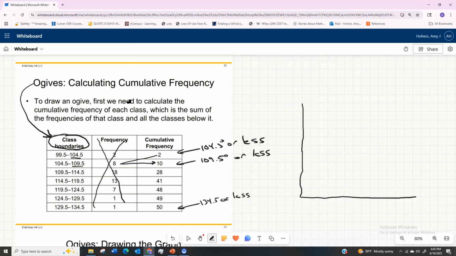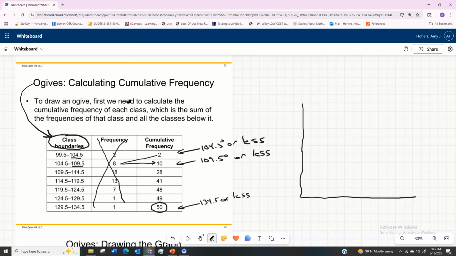But our y-axis is going to be different than it was for those other two graphs, even though this is the same data. Because when we do cumulative frequency, remember, we're adding it all up. So our largest number for our cumulative frequency is 50. So we don't need to just get up to 18 now. We need to get all the way up to 50.